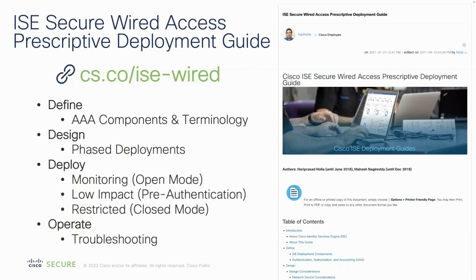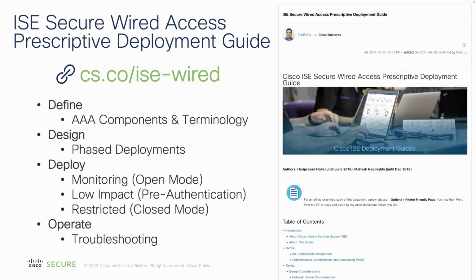So if you are interested in how to configure MAC Auth Bypass, we have a fantastic guide that will help show you how to do this. The Secure Wired Access Prescriptive Deployment Guide goes through configuration of not only MAB but 802.1x, talks about how to do monitoring or open mode deployment, talks about what we call low impact, or having pre-authentication access control lists to open it up a little bit beforehand before making a final decision.